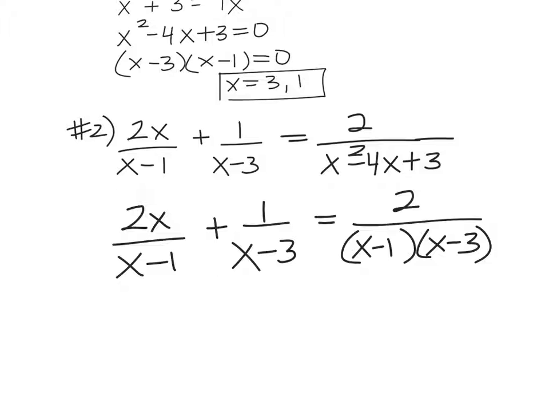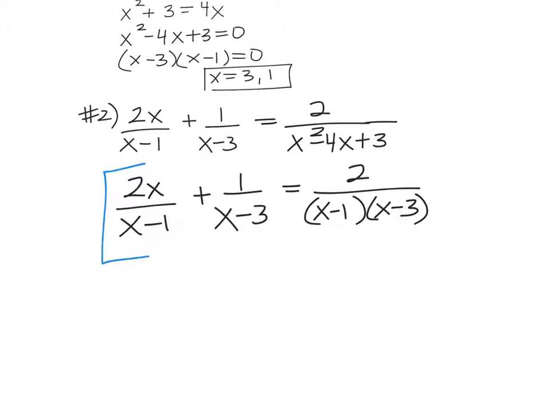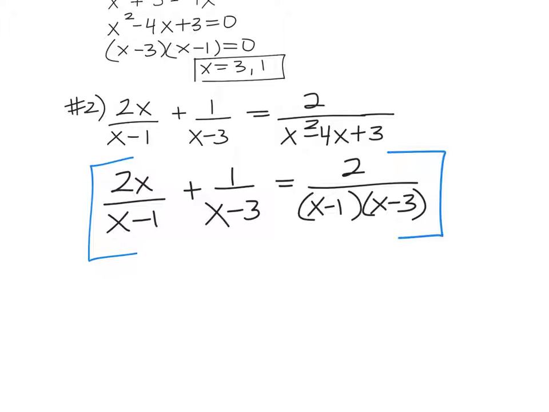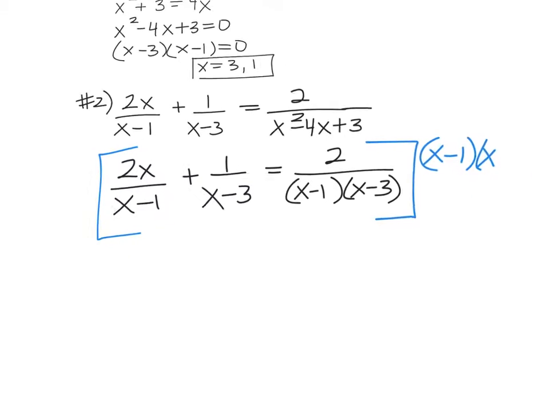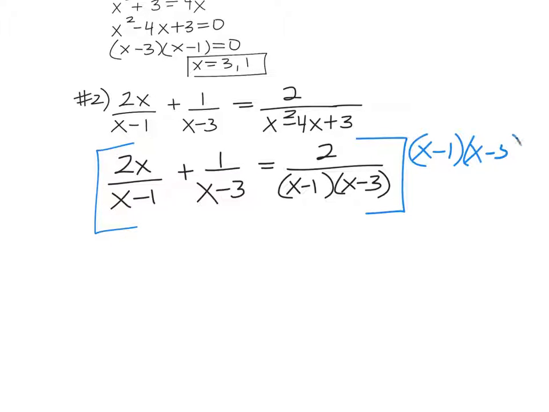Now we're going to clear all of our fractions out by multiplying everything through by x minus 1 times x minus 3, because that's the LCD. x minus 1 divides into that, x minus 3 divides into that, and this whole thing divides into that. On this step, you multiply all of the numerators by this whole thing.